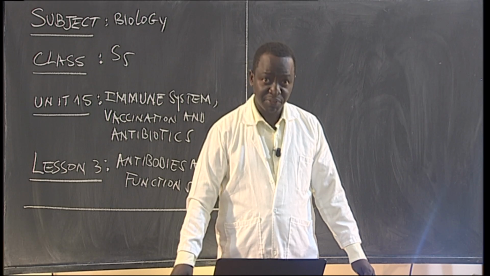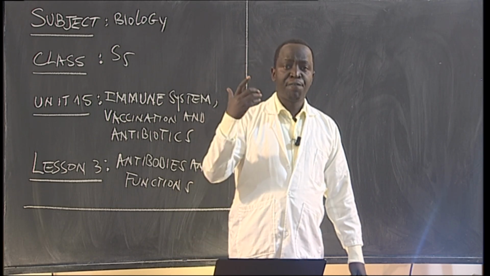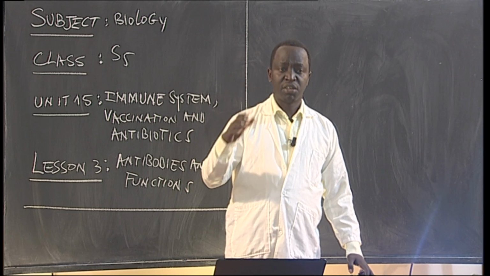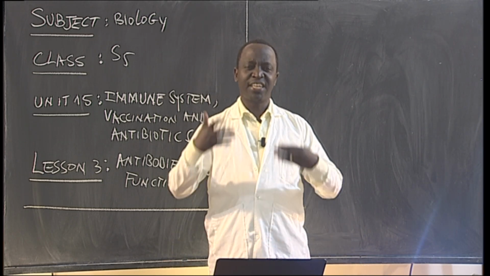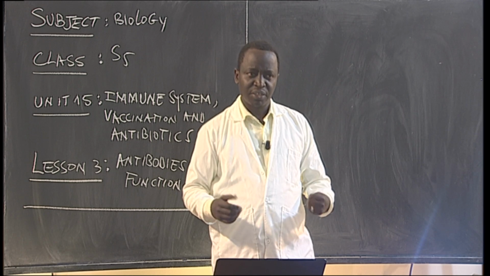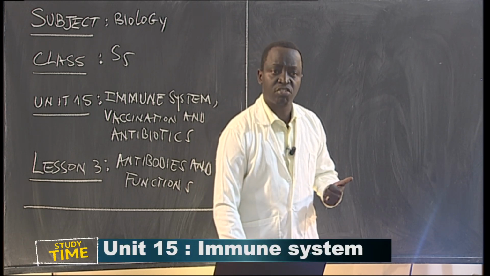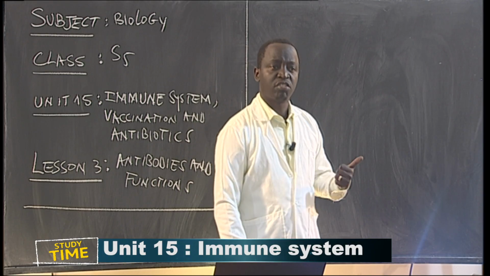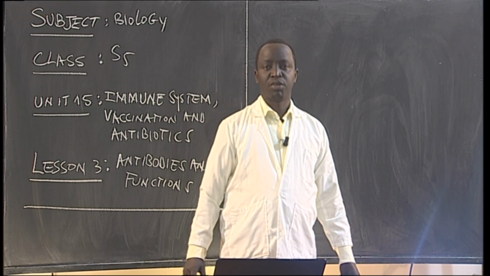Are we together? Nice. So now, we have the functions performed by antibodies. So what do antibodies do? Number one, antibodies bind to toxins produced by bacteria that cause infection, like diphtheria and tetanus, effectively nullifying them. You see?